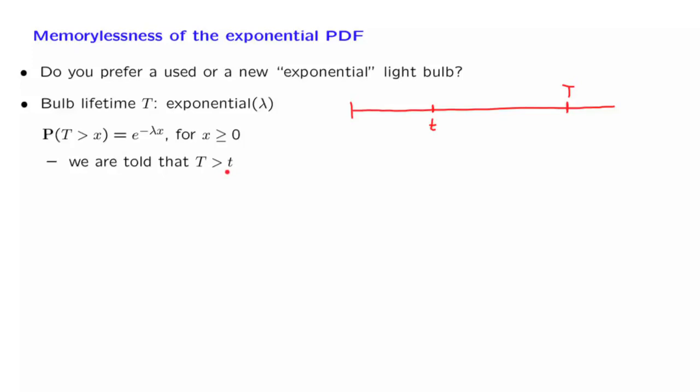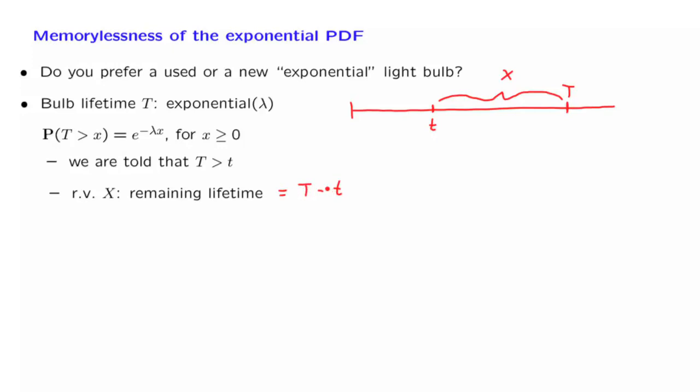We are interested in how much longer the light bulb will be operating. And so we look at capital X, which is the remaining lifetime from the current time until the light bulb burns out. So capital X is equal to capital T minus little t.